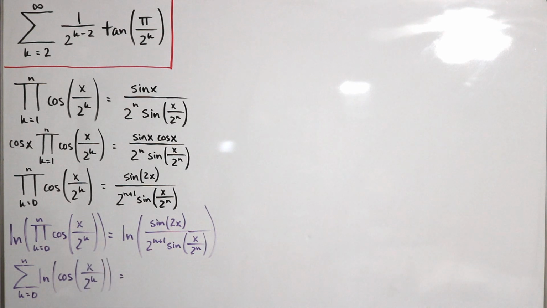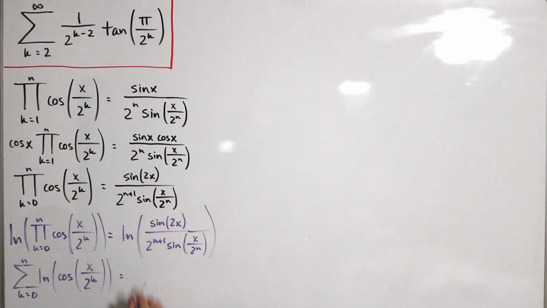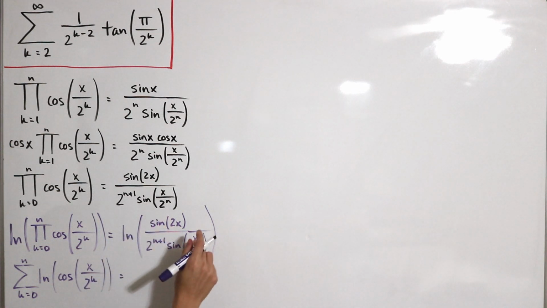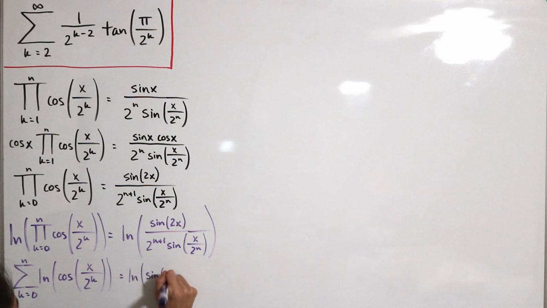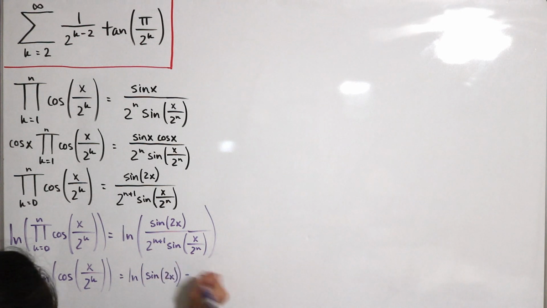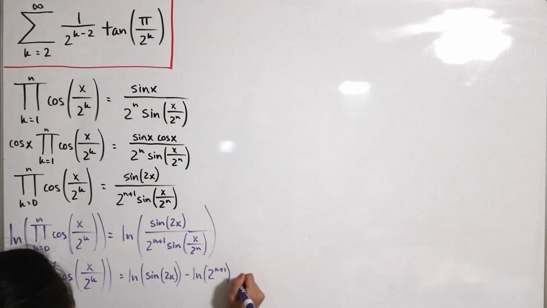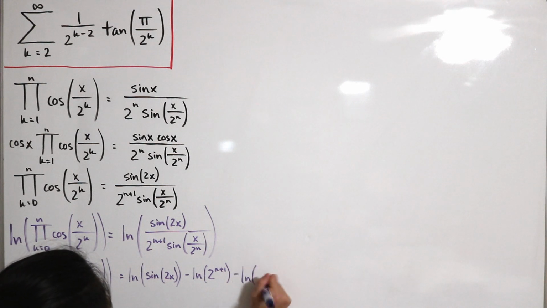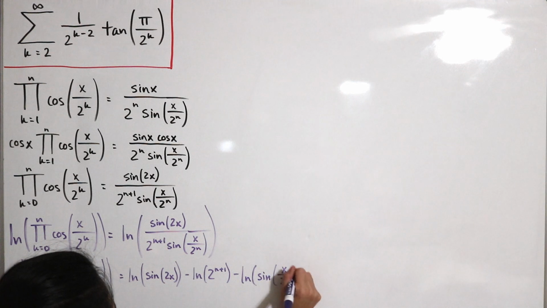And then we set this equal to, using our rules of natural logs for the right-hand side, the input under the division, so it's subtraction of natural logs. So we have the natural log of sine of 2x, subtract the natural log of 2 to the power n plus 1, then subtract the natural log of sine of x divided by 2 to the power n.